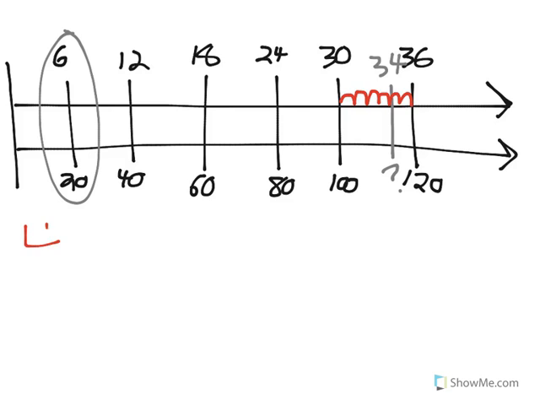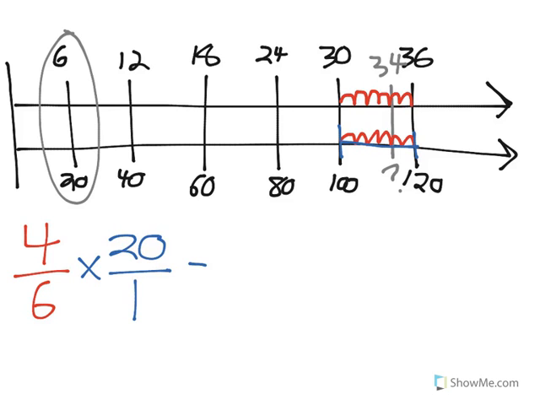So I'm going to write that down, 4/6, and I want to find out then 1, 2, 3, 4, 5, 6. What is 4/6 of this? What's 4/6 of that? That's 20. So I'm going to do 4/6 of 20.